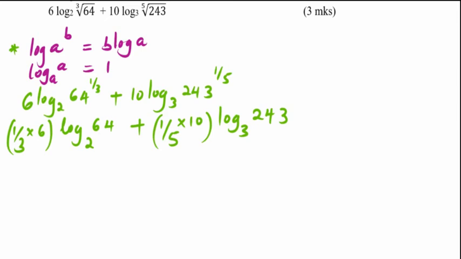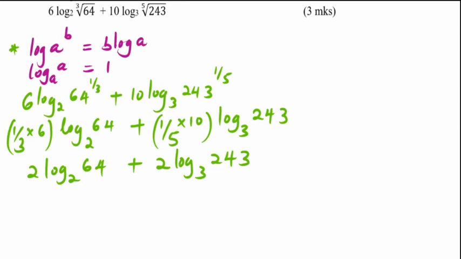The next step, of course, you can simplify this. This will be 2 logarithm of 64 to base 2, plus 2 logarithm of 243 to base 3.